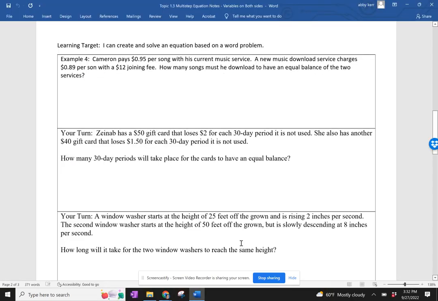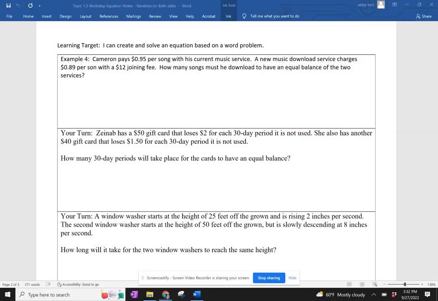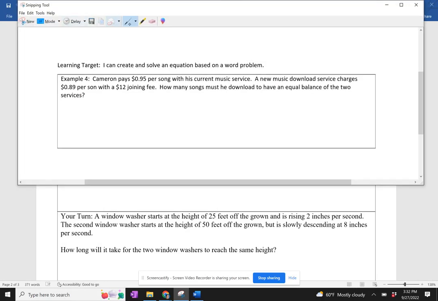All right, in the word problem example, we have Carmen pays 95 cents per song with his current music service, and then a new one is 89 cents per song. However, there's a joining fee of $12. So in the given, we're going to have two different situations. We're going to have the new, actually the current, okay, where all he cares about is 95 cents.